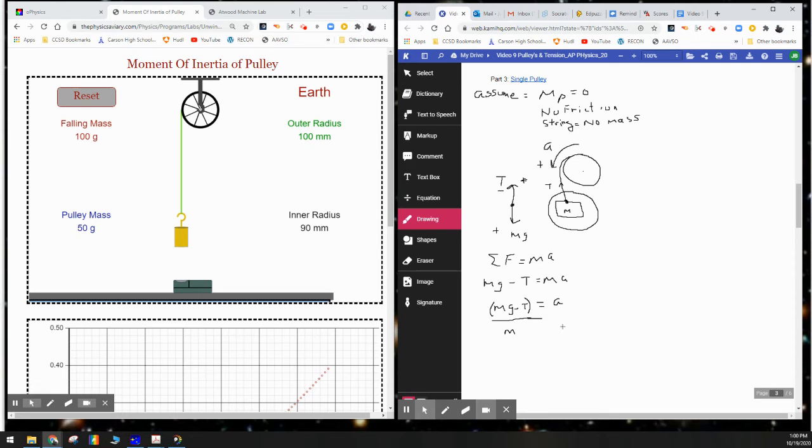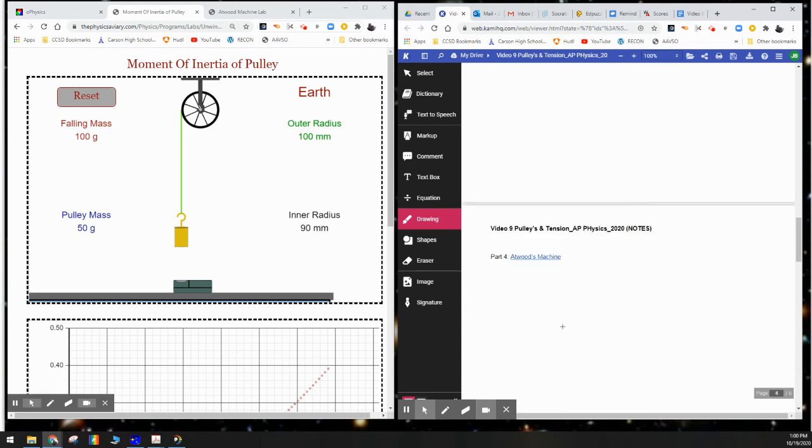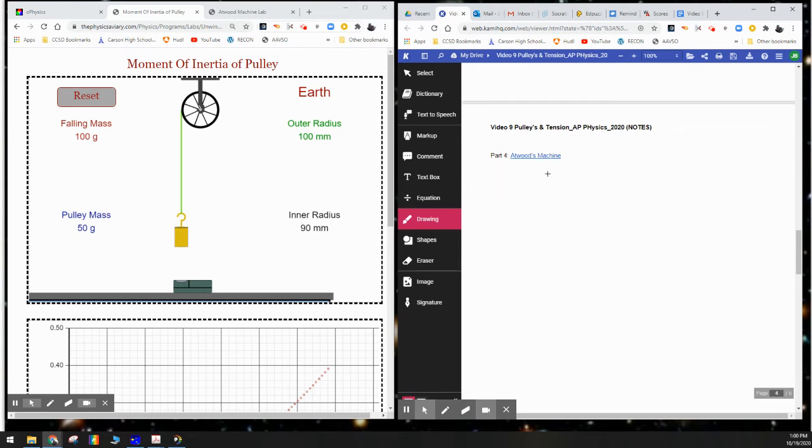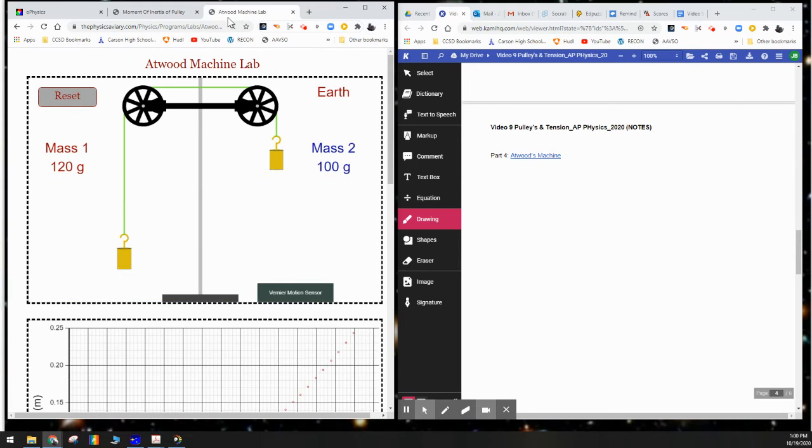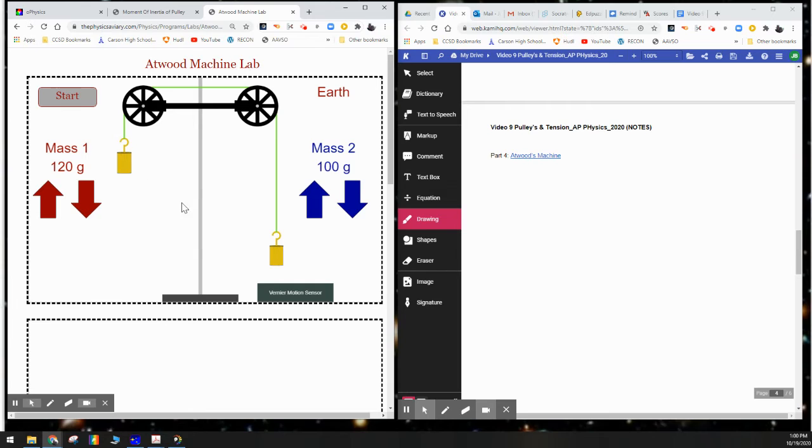The next level is what we call the Atwood's machine. There's a link here for it, and this is an Atwood's machine. Let's reset it. Sometimes there are two wheels here, but instead I'm just going to draw one pulley like this. We have a mass here, and we'll call this M1.